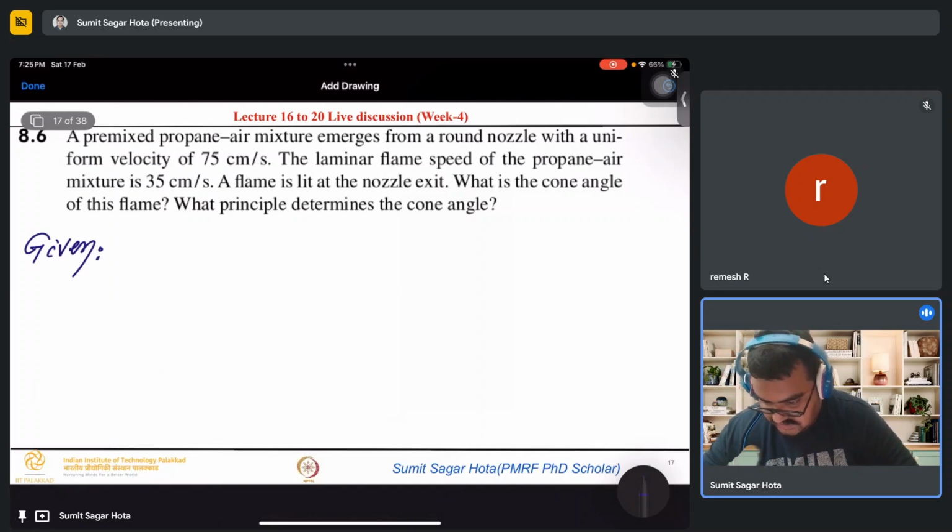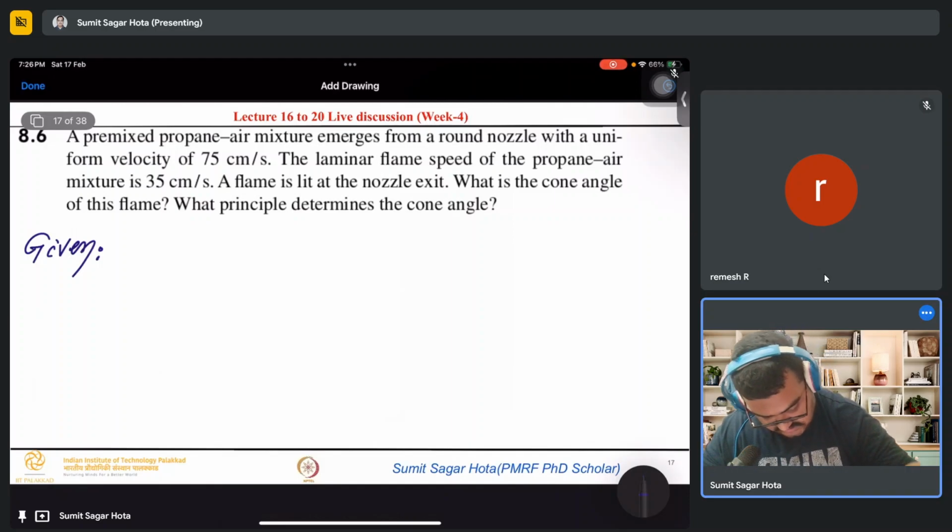You can see, a pre-mixed propane. In chapter 8 we mostly cover all the pre-mixed part, because the non pre-mixed part is not yet covered. In week 5 lectures, the non pre-mixed part is also covered. Then I will also solve some more questions on the non pre-mixed in the next lectures.